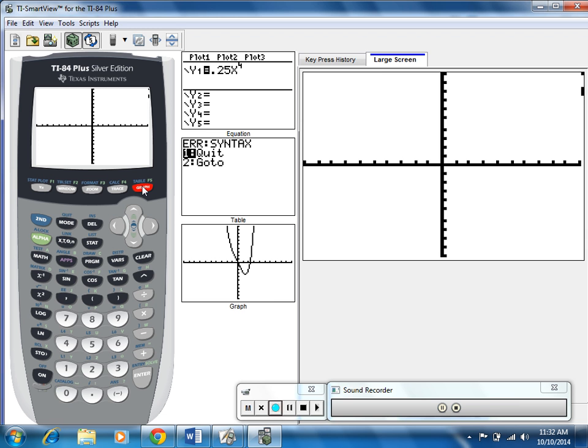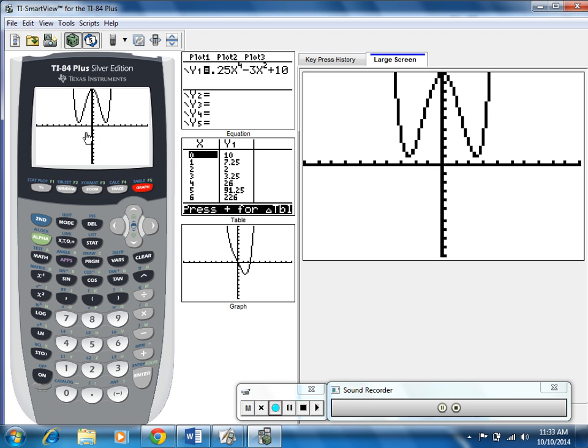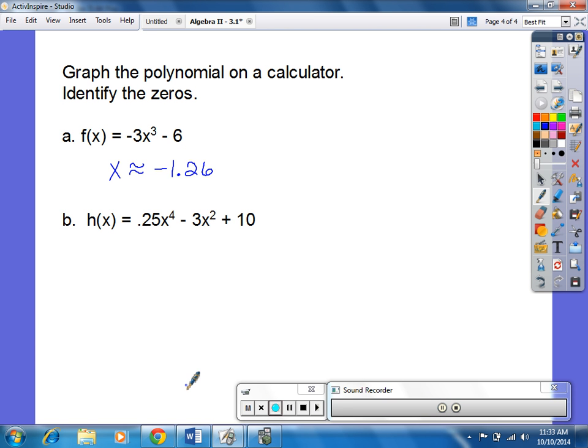When I graph this polynomial, I can see that it does not cross the x-axis at all, which means that it only has imaginary solutions. It has no real zeros. So I'll come back and note that on my worksheet.